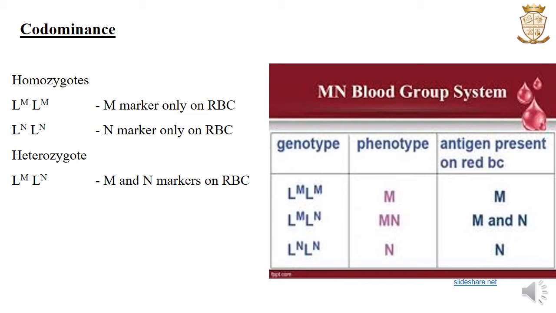And a homozygotic individual, L^M L^M, will have only M protein, and a homozygotic individual, L^N L^N, will have only the N marker on the surface of their RBC, while the heterozygotic individual, L^M L^N, will have both types of markers, both M marker and N marker, in equal number on their cell surface. So this is an example for codominance, where both alleles are simultaneously expressed in a heterozygotic individual.